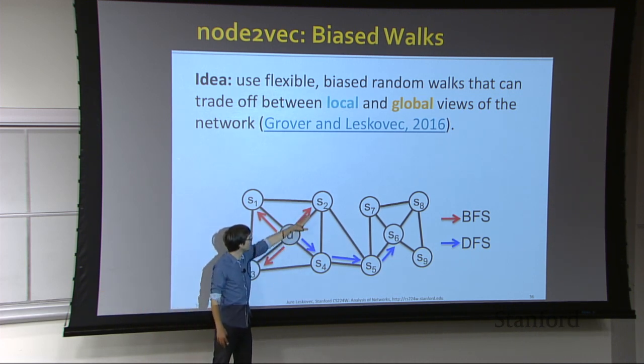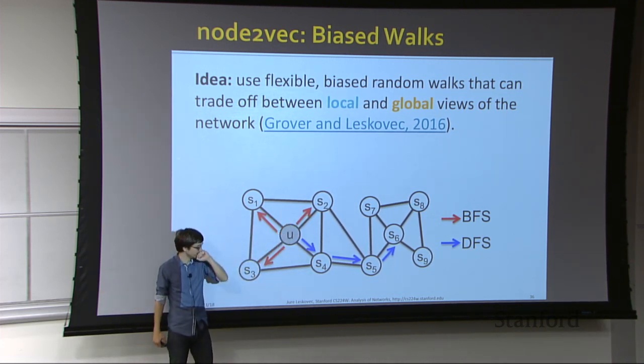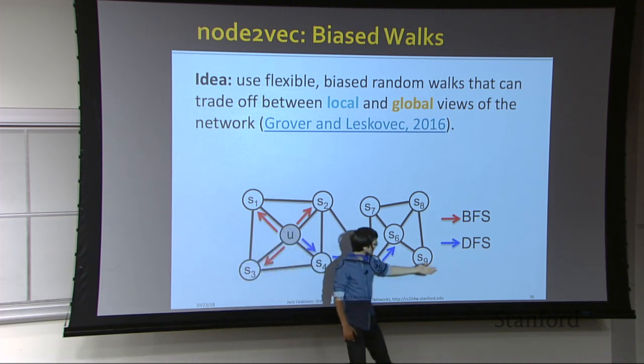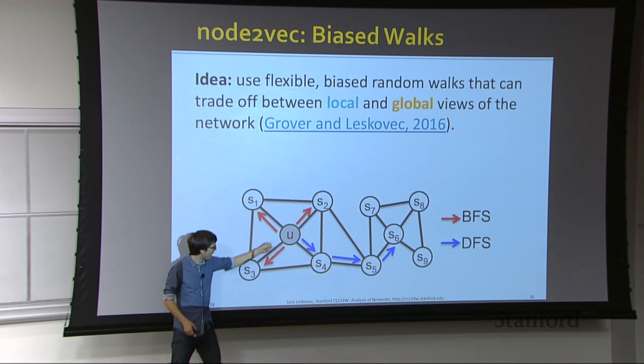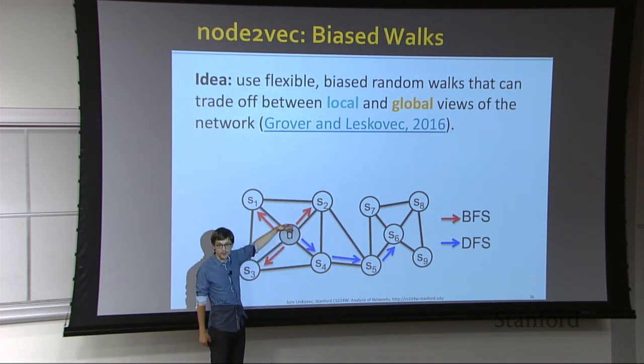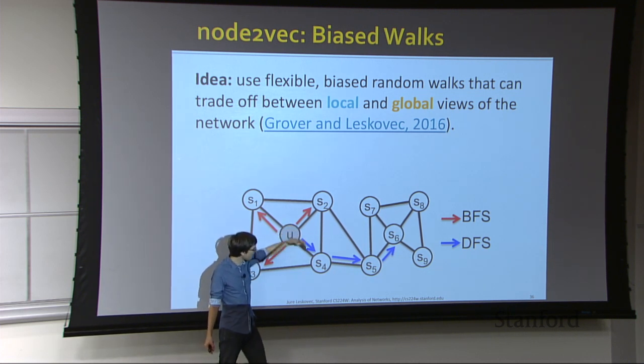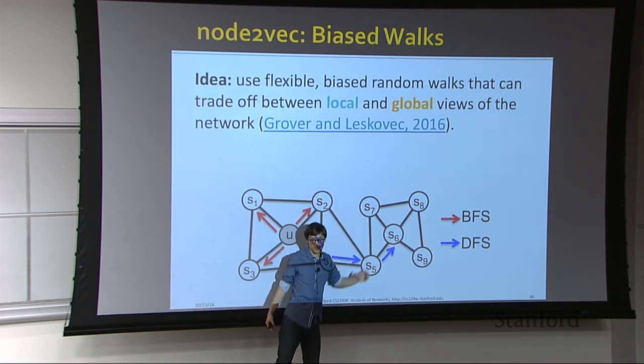So from node u, I could go to S1, S2, S3. Or I could use a very different exploration strategy, depth first search, where I want to get away from node u as fast and as far as possible. So if I have 3 steps to take, I would take this type of exploration.